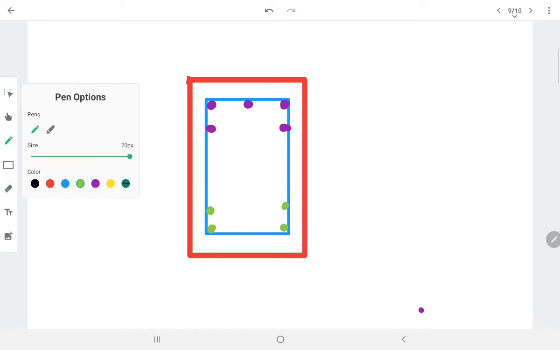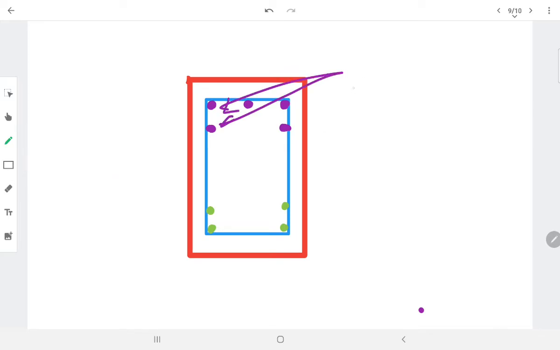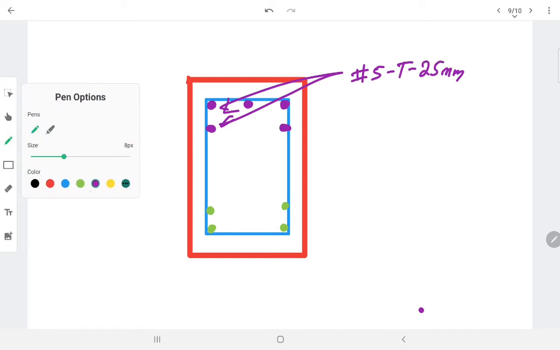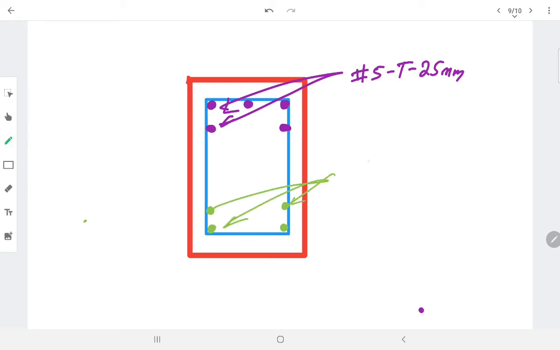First I will take it as 5 T 25 mm, and now 4 T 20 mm. Here you need to find out the stirrups, that is, check for shear and check for deflection.